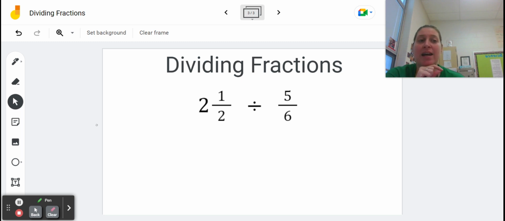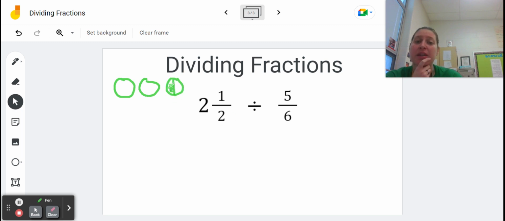I need to turn that into a single improper fraction. So when I'm trying to say how many pieces there are, I'm going to say each one of my wholes has 2 pieces. So if I have 2 wholes, I can draw a picture. And then I have 1/2.